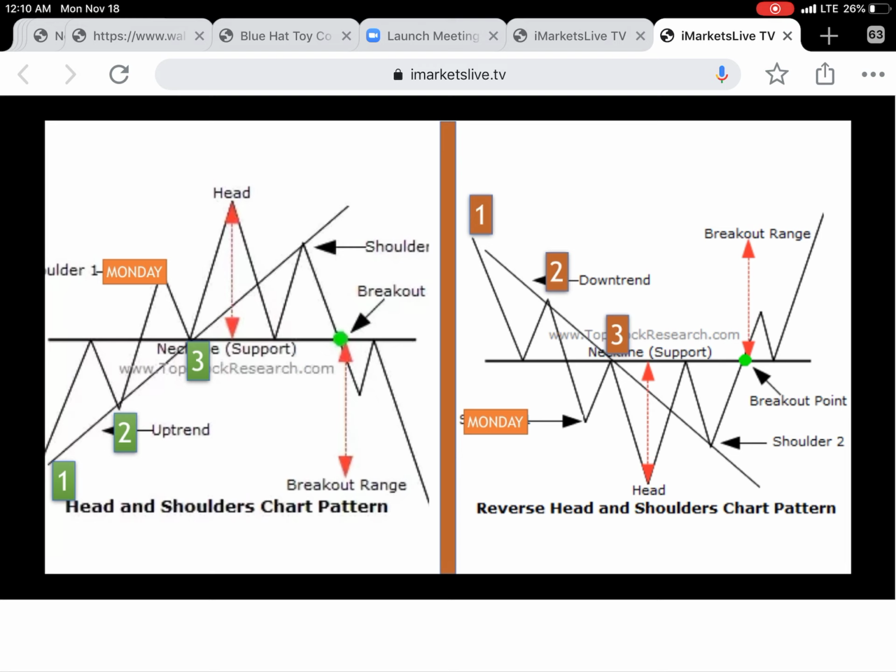Okay? So now, when we look at this, another thing that I've been teaching you for the past 4 years, if you guys have been following me, let's take a look at the left side of the screen where it says this is the regular head and shoulder pattern.